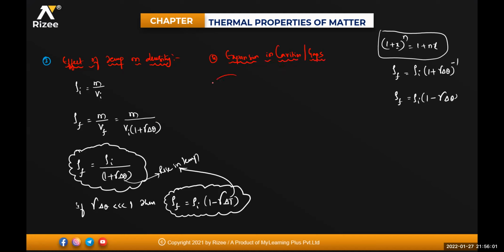Say if this is your circular hole and there is a small hole somewhere here, and this is totally a solid like this. Now see what is happening when I heat it. This is made up of a material with coefficient of linear expansion alpha. The radius from here to here is, for example, capital R.